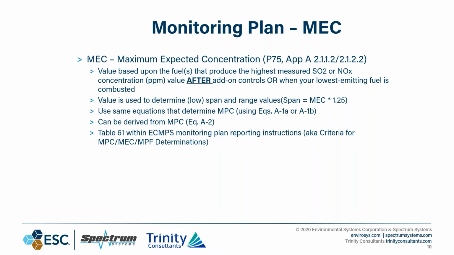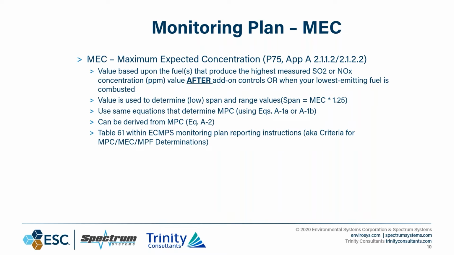You can refer to table 61 as an example within the ECMPS monitoring plan reporting instructions, also known as the criteria for MPC, MEC, and another acronym here, max potential flow determinations. Yeah, and again, this is just DAHS data 101. So this is stuff that the DAHS has a historical representation of how you've operated.